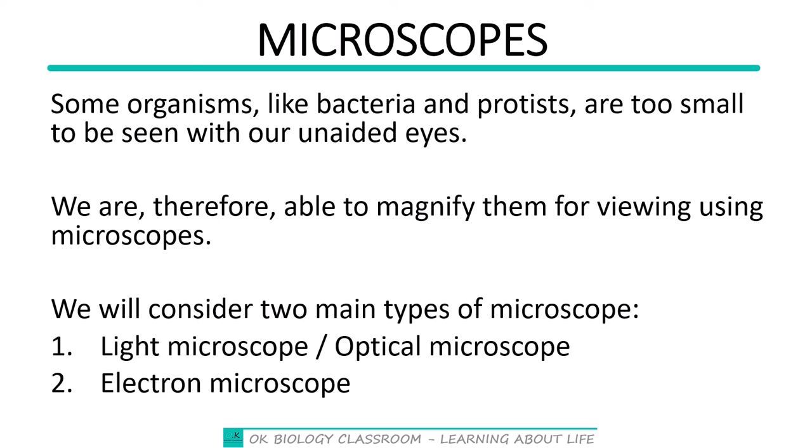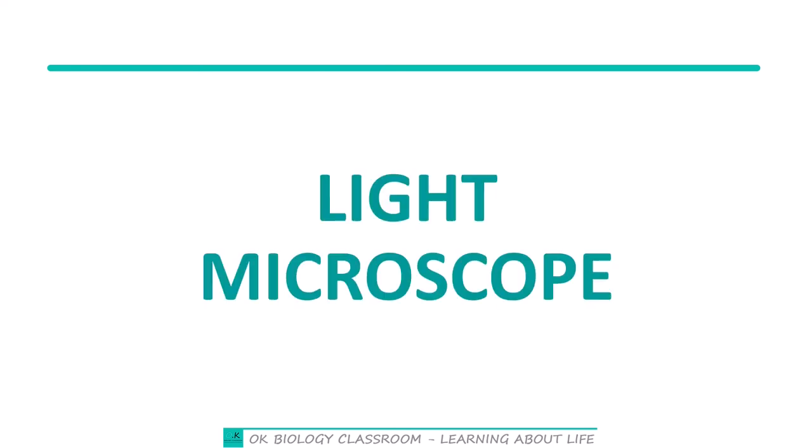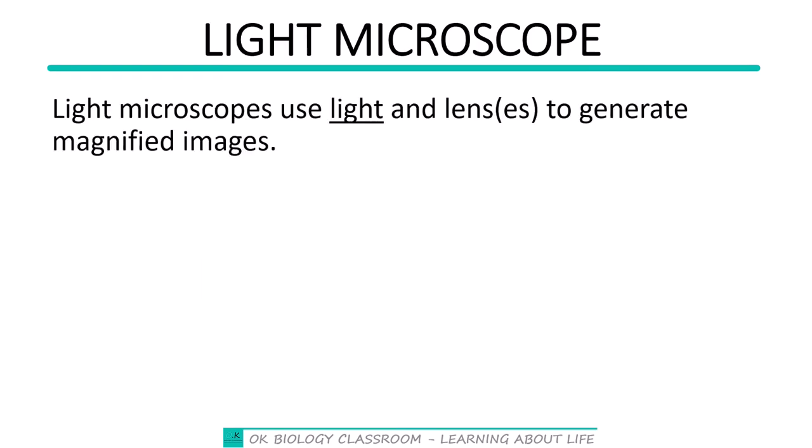So we are going to pick these one by one and look at them. Of course, I've said that there are so many types of microscopes, but these are the ones that we are going to focus on: light microscope and electron microscope. So now let's start by looking at what light microscope is. The difference between light microscope and electron microscope has got to do with the first words in each case.